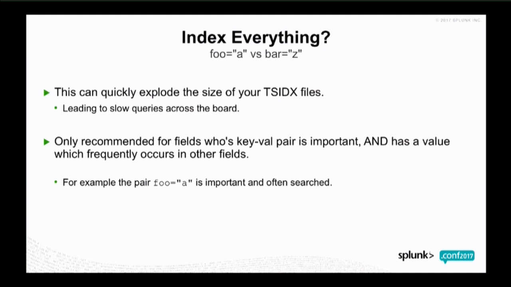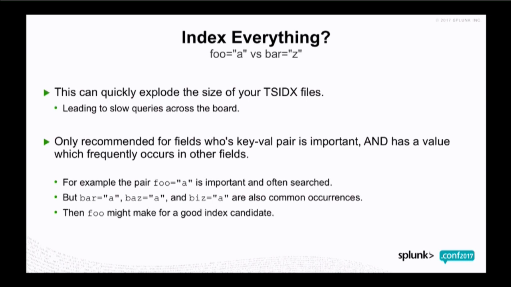If foo and A together are important and often searched, but bar A, baz A, biz A are also common occurrences, then that might be a time to say, all right, let's index foo, because it's just returning way too many results and we're having to filter it out. So there are certain instances where this can be beneficial.